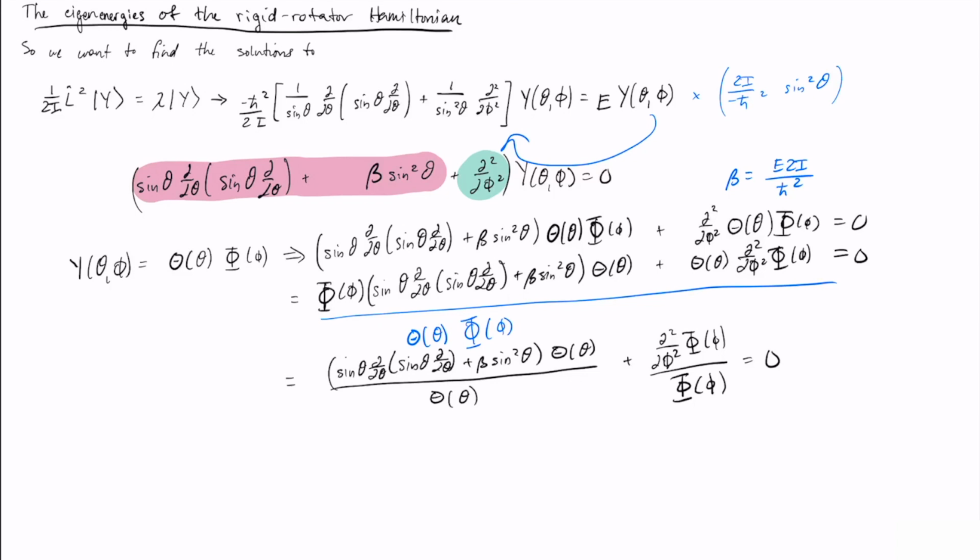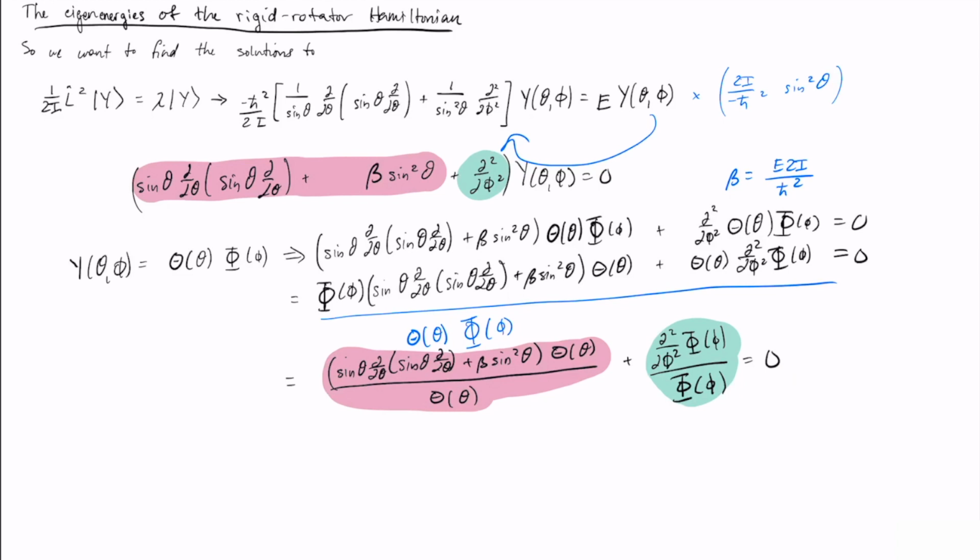Okay, so now let's take a look. So what we have here now are two different functions of two different variables added together. So you have this function here and this other function of theta. Okay, so you add up a function of theta and a function of phi, and you get 0.